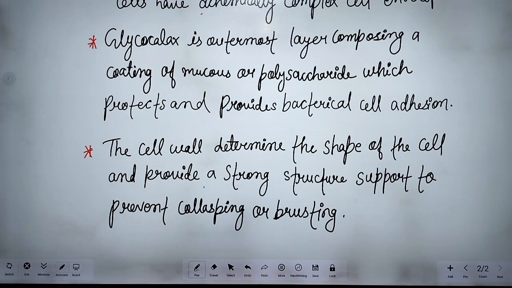In simple meaning, we can say that the cell wall provides structural support. I hope you understand this point.